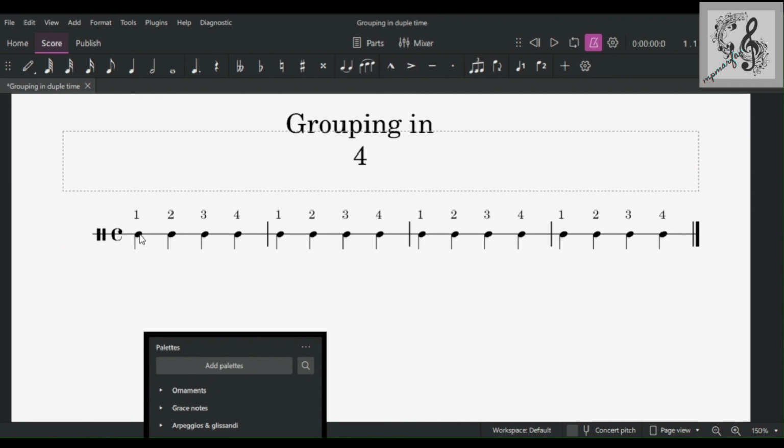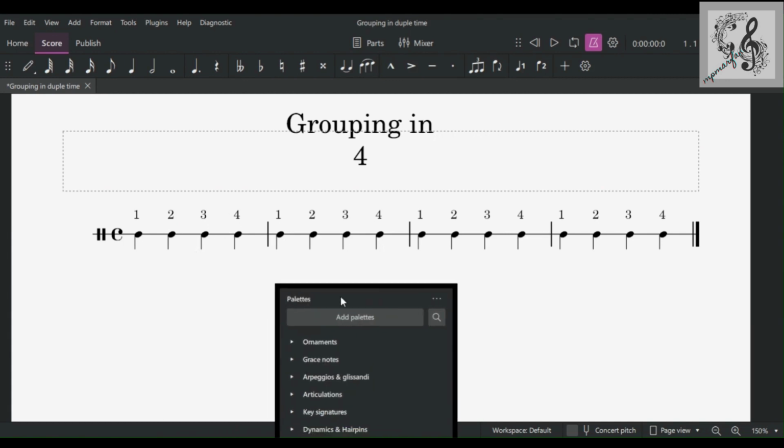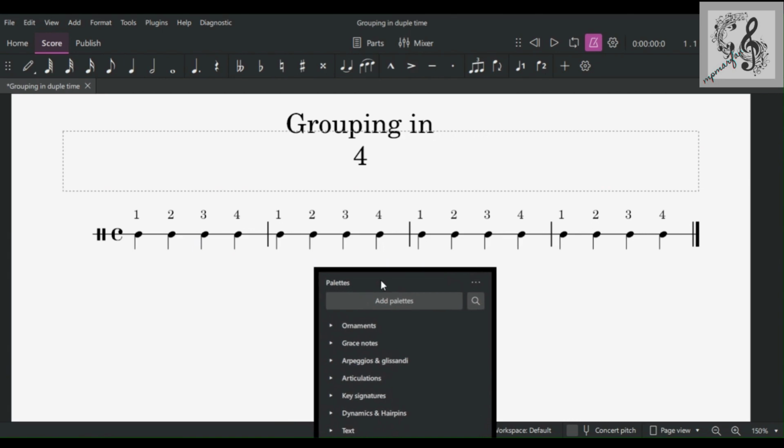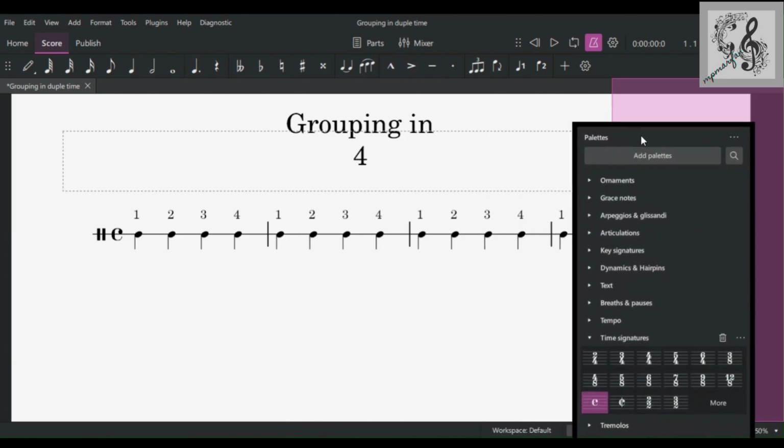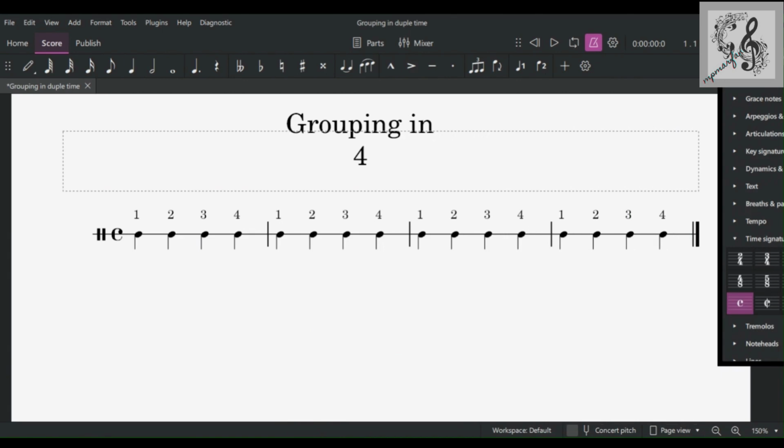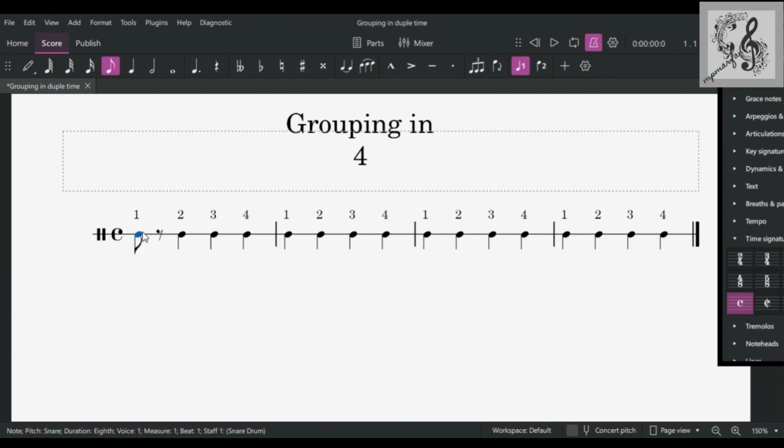You are permitted, and this is where it's different, to join groups 1 and 2 together, and you're permitted to join groups 3 and 4 together. 1 and 2 and 3 and 4, and only if it has 8th notes alone. So I'm going to demonstrate. This is a quarter note. I said only if it has 8th notes. So I can do this.